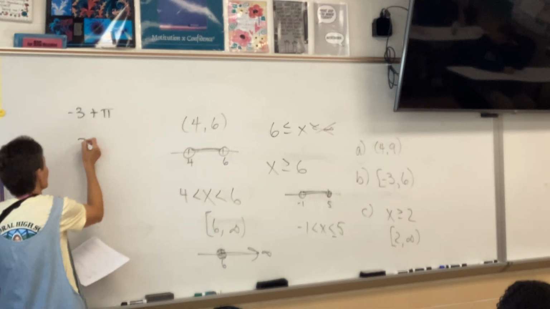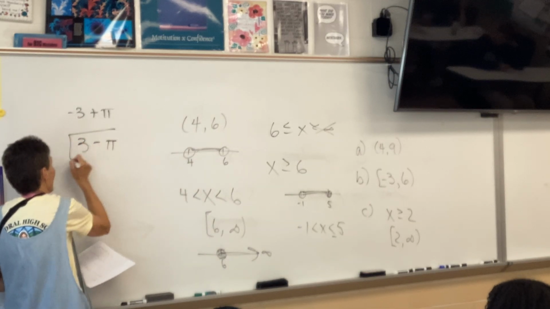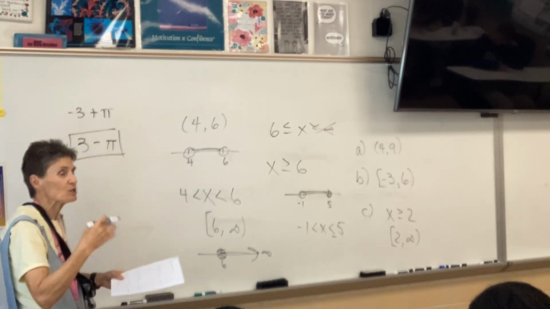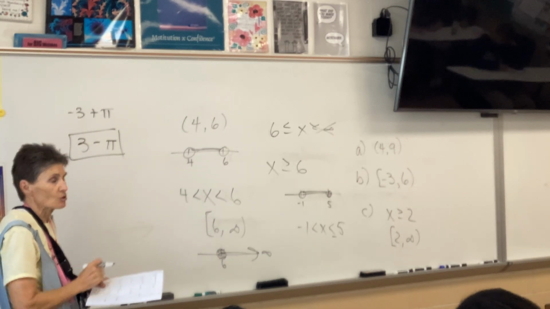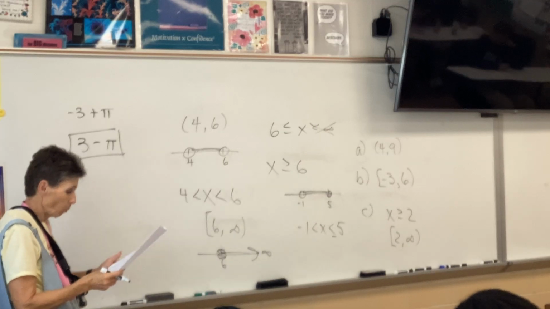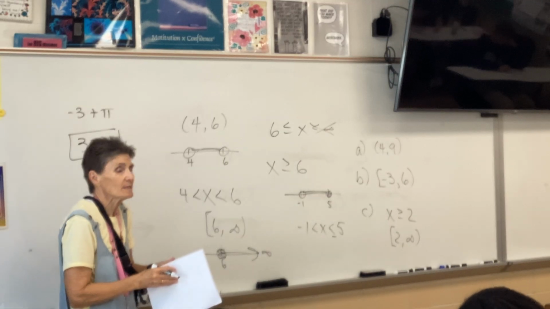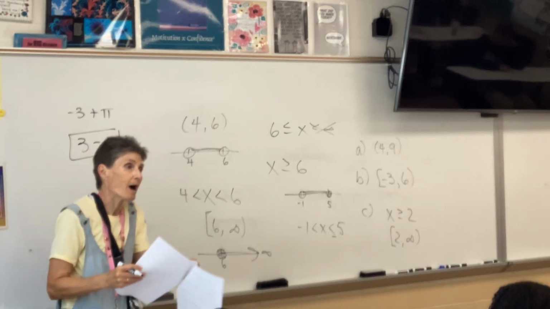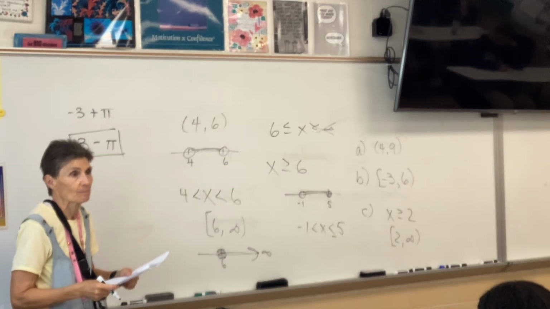The opposite would be 3 minus 1. The opposite, you change the sign. So +3 and -5. Perfect. What about 16? What is the additive inverse, the opposite of 16?